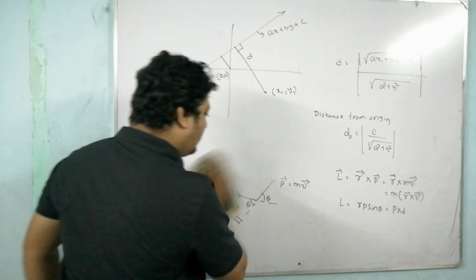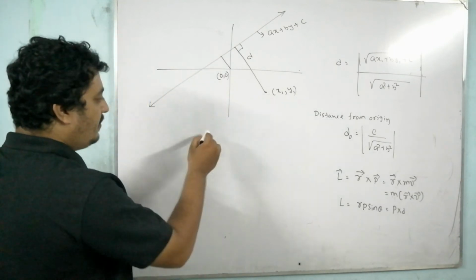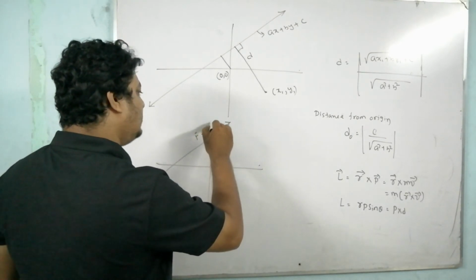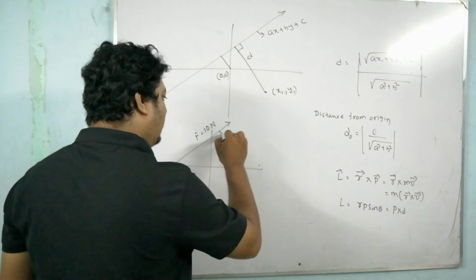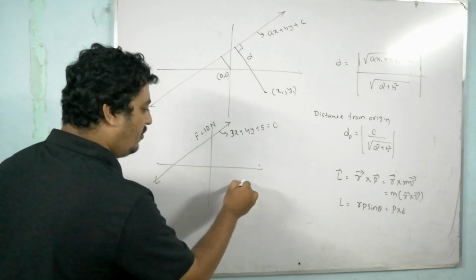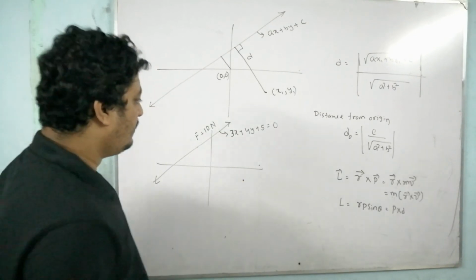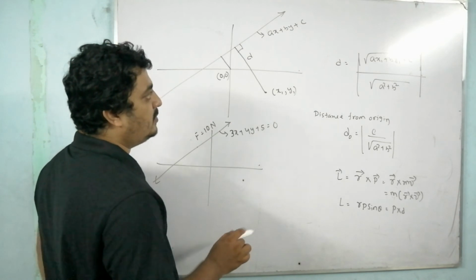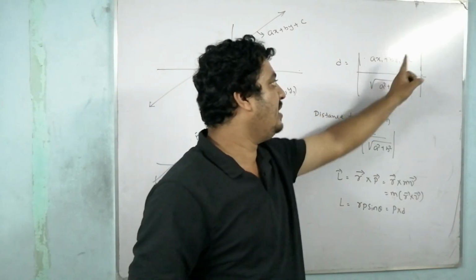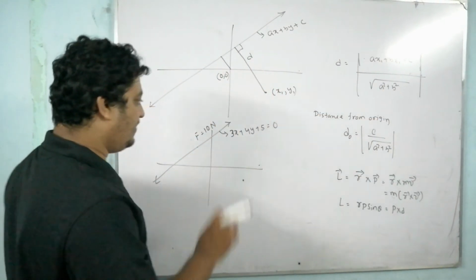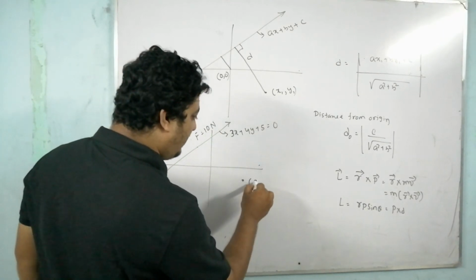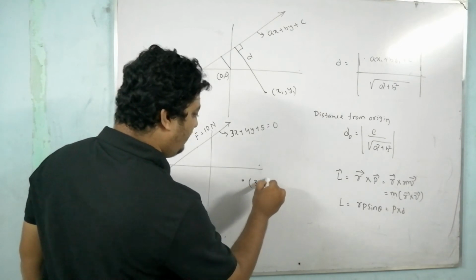Now if a question is given like this: a force of 10 Newton is acting along the line 3x plus 4y plus 5 equals 0. Now measure the moment of the force about the point 3 and 5.